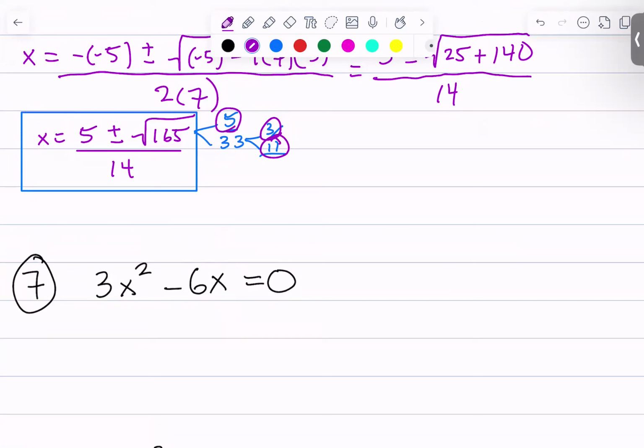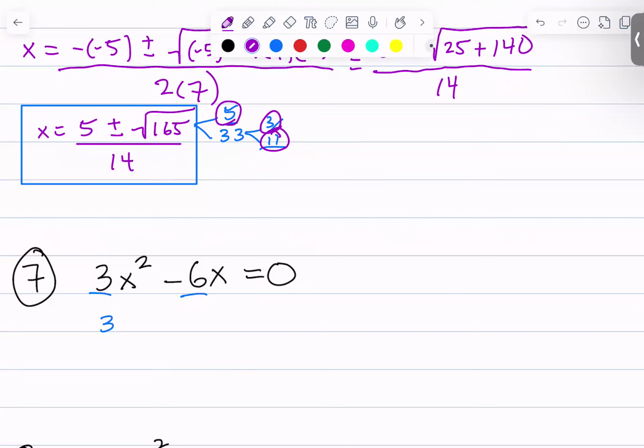And then now what can I take out? What can I take out of a 3x squared and a 6x? What's in common? What can I factor out? First, the numbers. 3 and a 6. A 3?